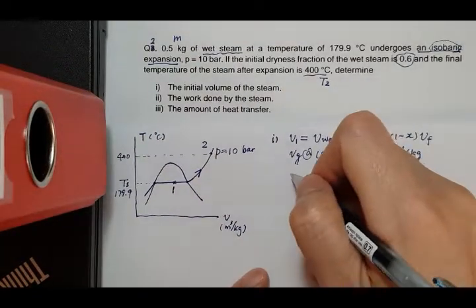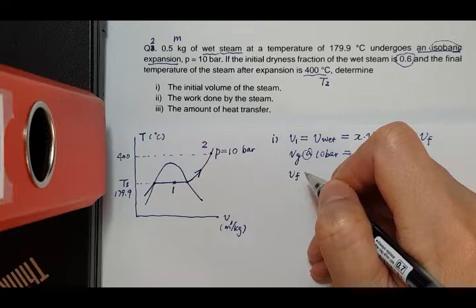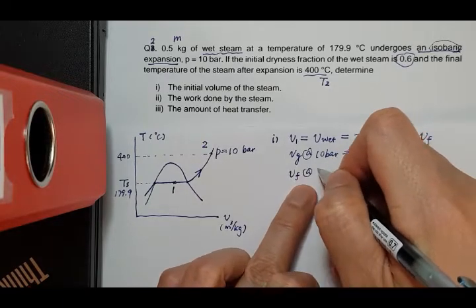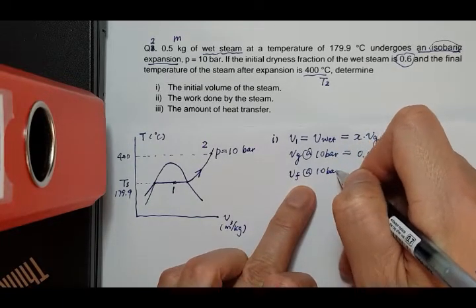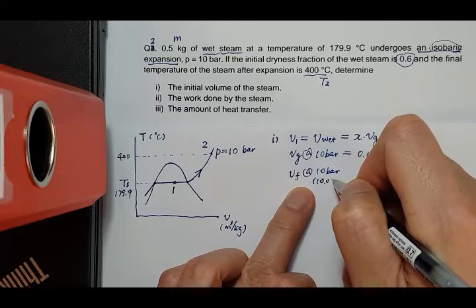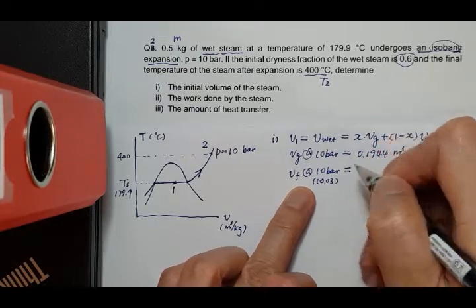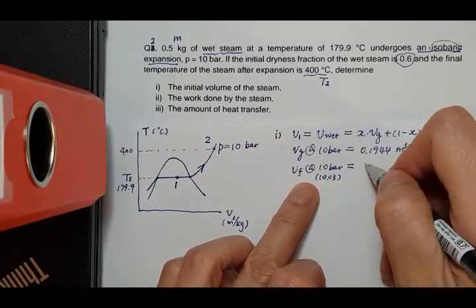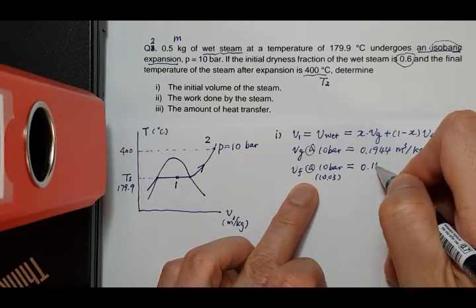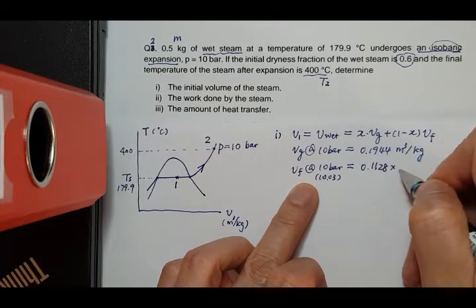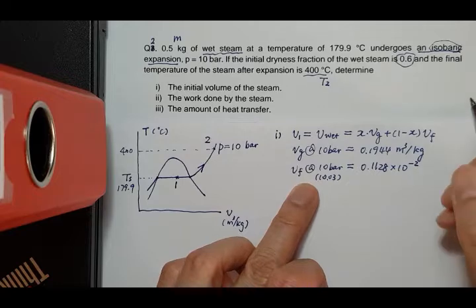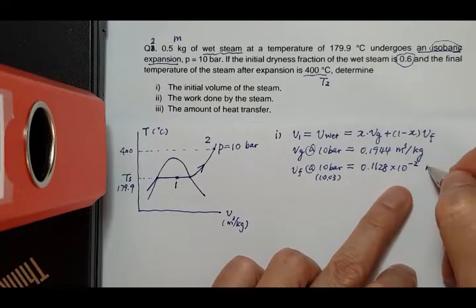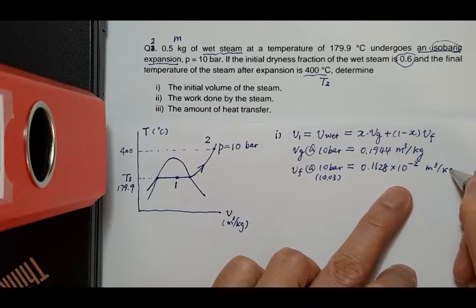So that's Vf at 10 bar. So we just use 10.03 bar, and then the value is 0.1128 times 10 to the power of minus 2 cubic meter per kilogram.